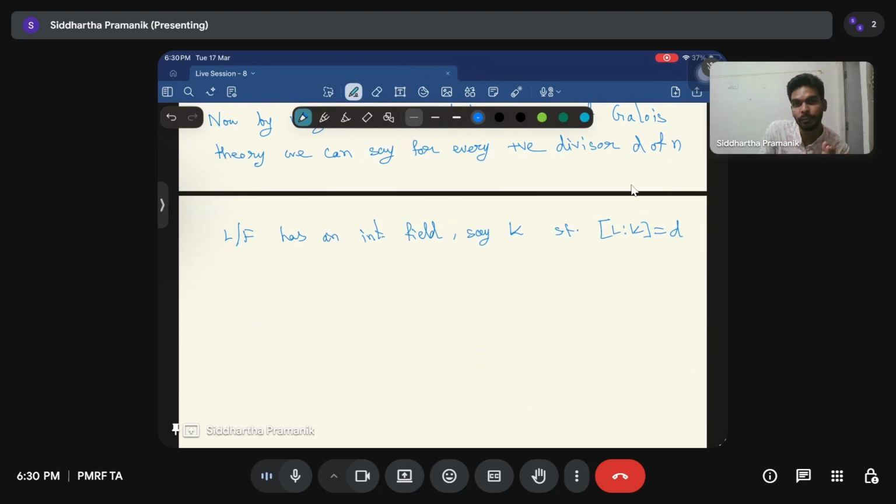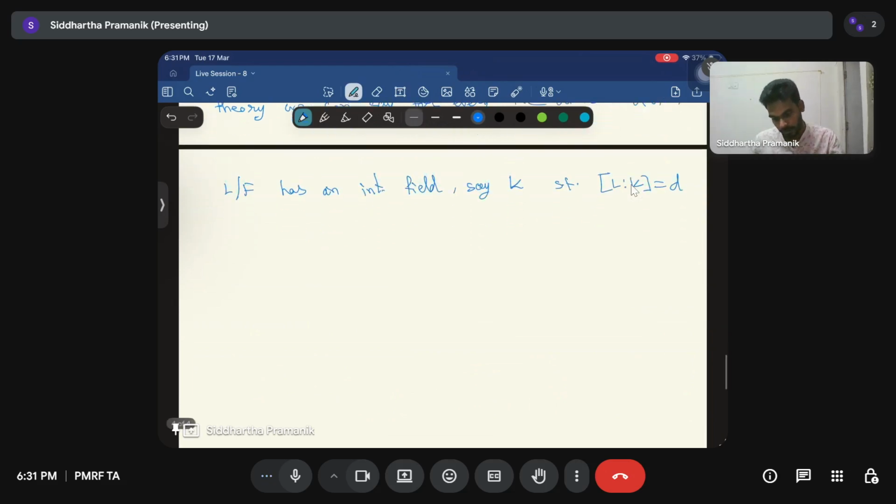So for every positive divisor d which divides n, we have a subgroup of order d, and from that we can take an intermediate field whose degree is d. So let's use this fact.